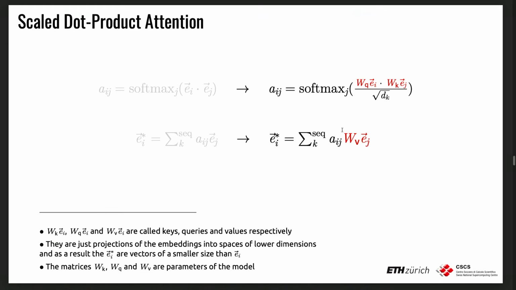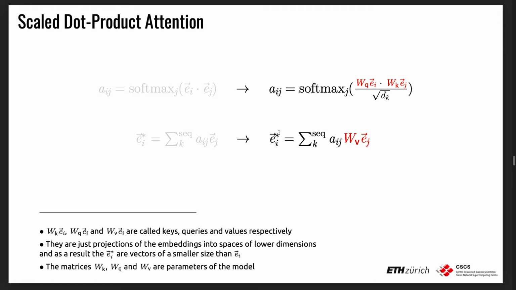But the important thing is, it's pretty much the same, just a similarity, and just a weighted average. And now after attention, the embeddings have contextual information within them. And so this is called scaled dot-product attention. The scale is because of this part.